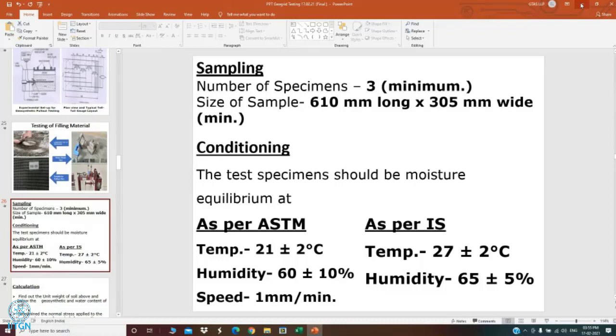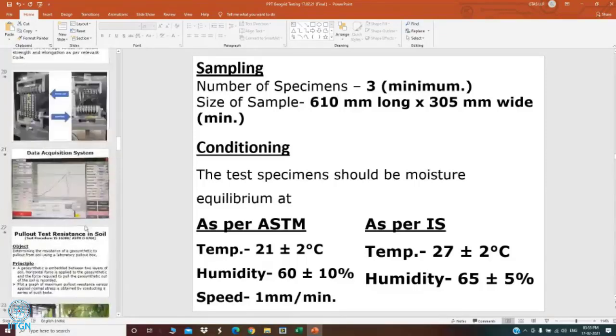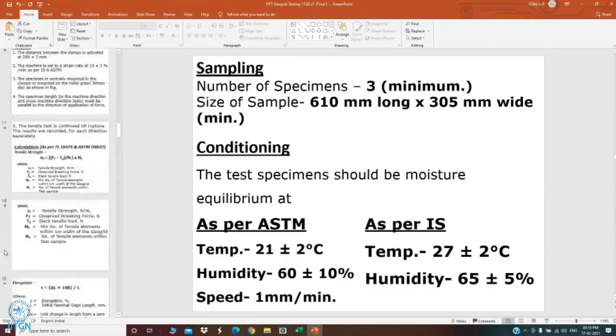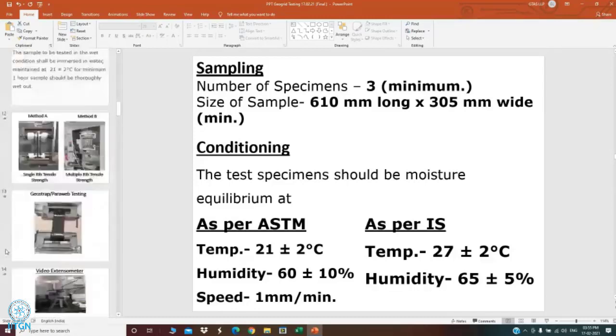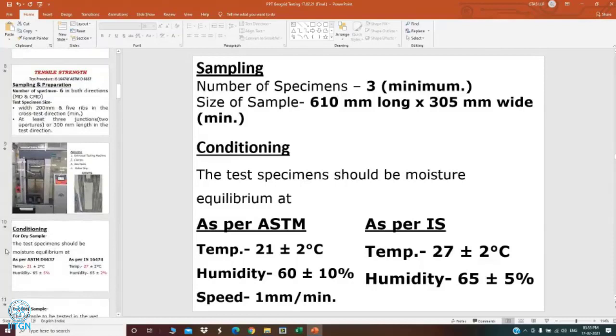That is where the conditioning comes in. He has mentioned it quite clearly. What happens is we have to maintain the specimen. Suppose you get a sample from, let's say, Jaipur, where work is going on, and you bring the sample to the laboratory. This specimen could be at 45 degrees Celsius. If you start testing it immediately, it is going to give the value at that high temperature. So that's why you have to condition it at the laboratory temperature for a time period. What is the time period?